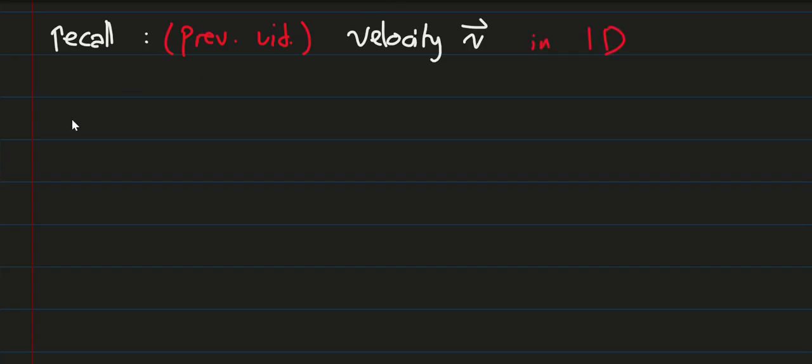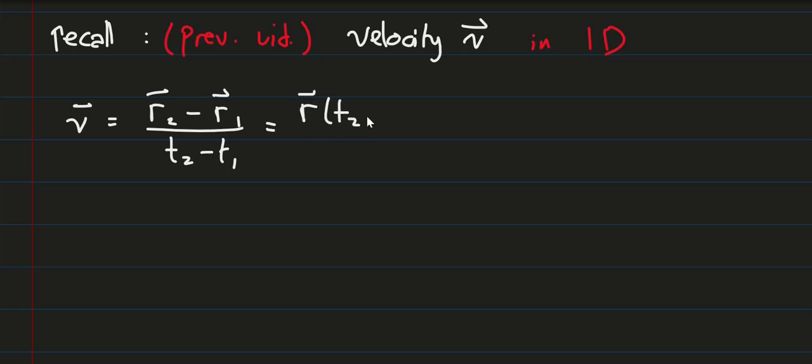Okay, next, recall that in the previous video, velocity v, a vector in one dimension or maybe non one dimension, is defined generally as displacement divided by the time interval between displacements, or rewritten as this. It means the vector is now a function of t1 and t2, just like this.